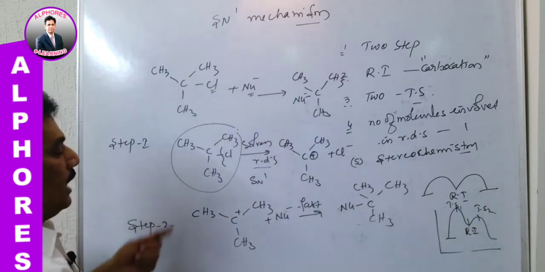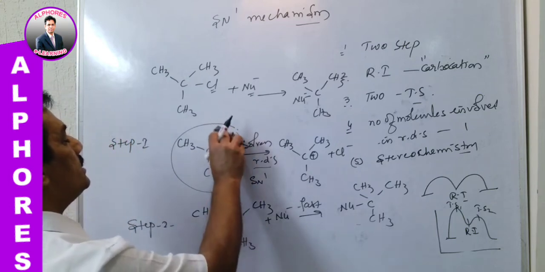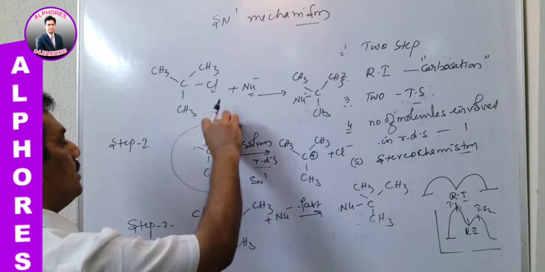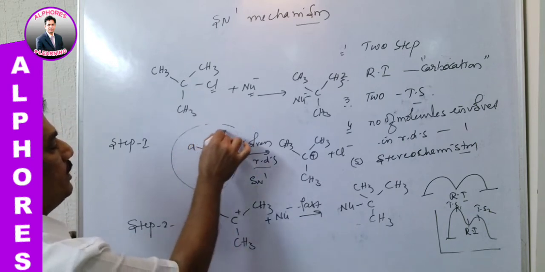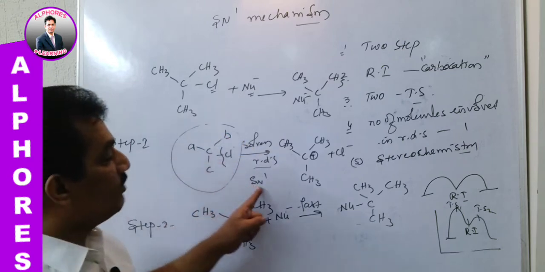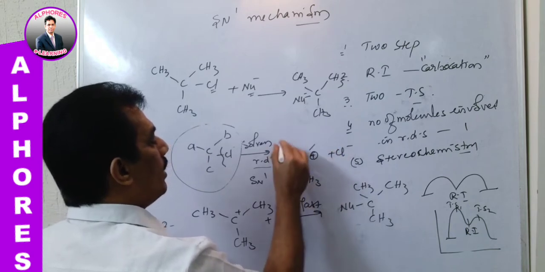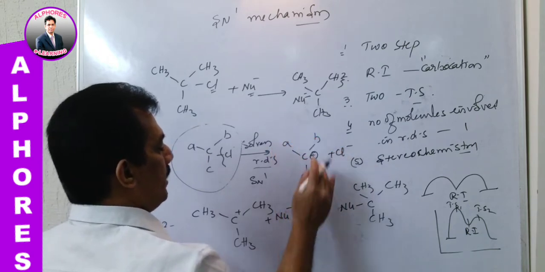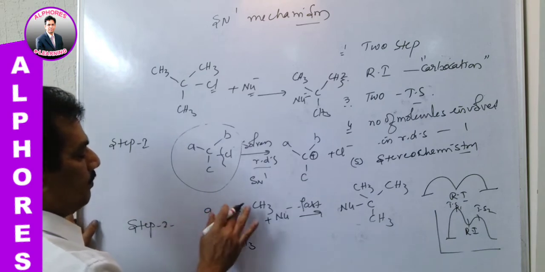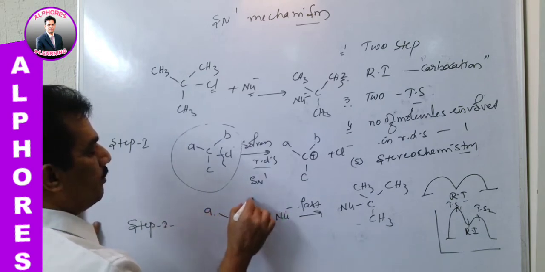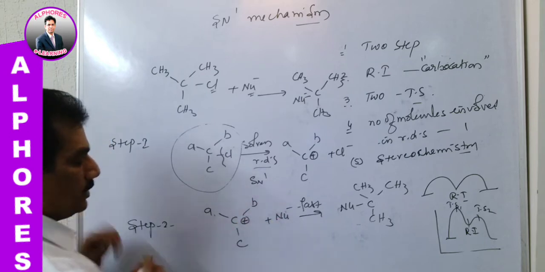Clear? Now coming to this: if the substrate is a stereomer which tends to go for SN1, say for example ABC, the carbocation is formed like this, with A, B, and C, carrying a positive charge.